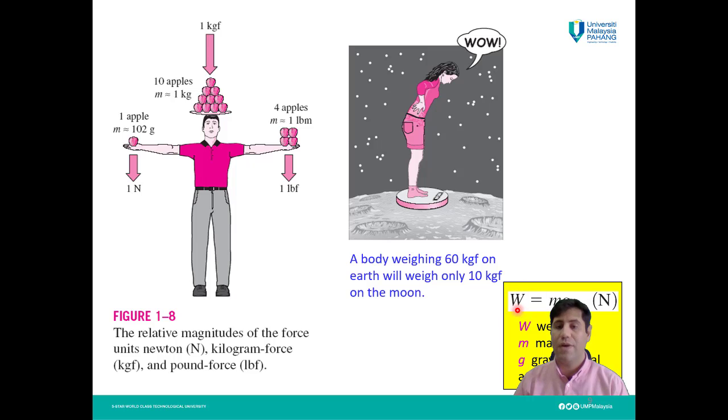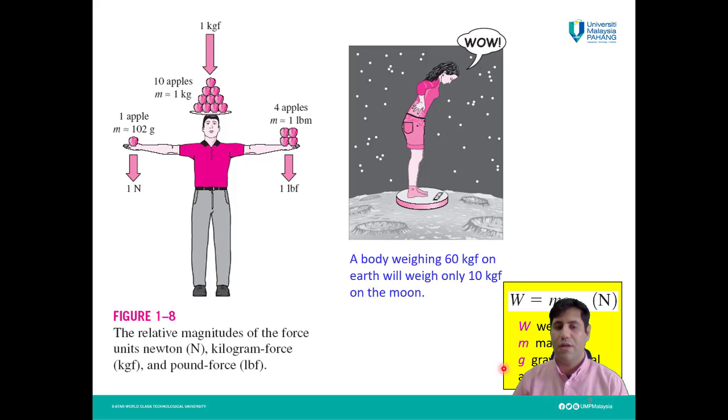So W, or weight, is some kind of force actually, but m is the mass. The mass of the body is constant, but the weight can be different when the gravitational acceleration is different. So the weight on the Earth will be different from the weight of the body on the moon because of the difference in the gravitational acceleration.